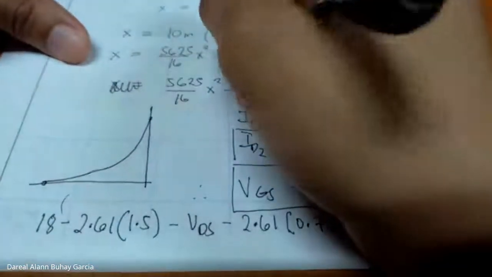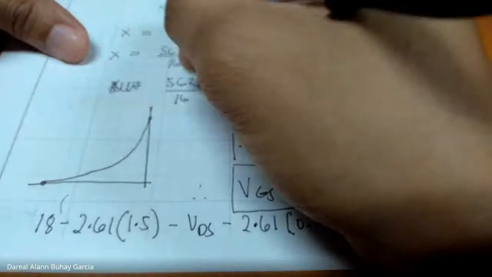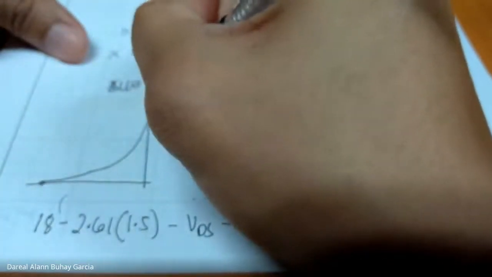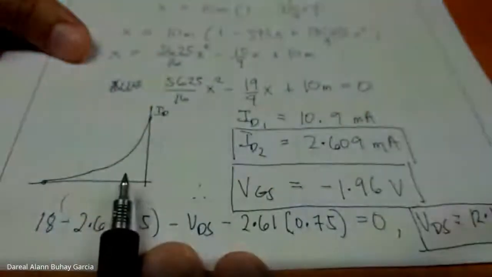Because kung atong tanawon sa iyang characteristic curve sa graph, medyo inaccurate kung mo atong gamiton. Pero as a basis or guideline or guidance nato, this is ID. This is a graph of VGS versus ID.